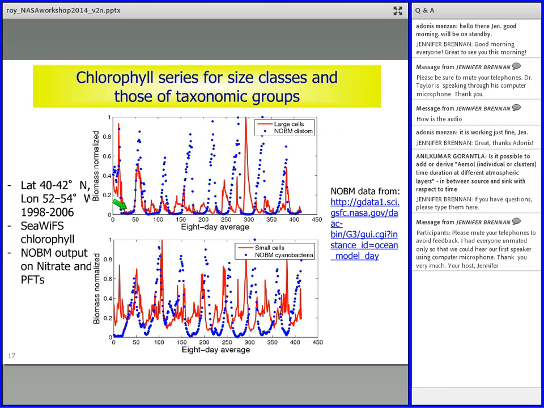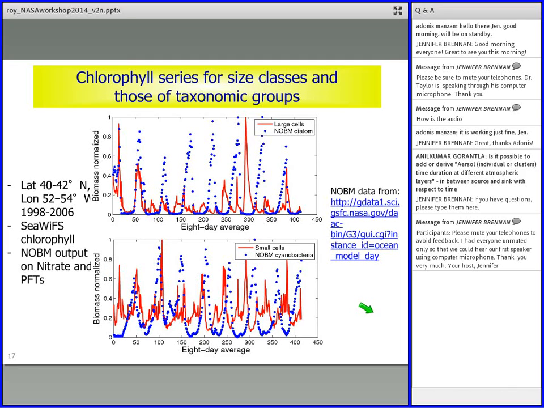Now we see that in many places the diatom peaks are matching with those for the large cells, but there are other times when they are not. Similarly, the small cells versus the cyanobacteria concentration from NOBM also matches in many places, but not in others.